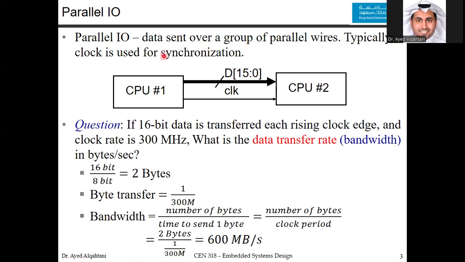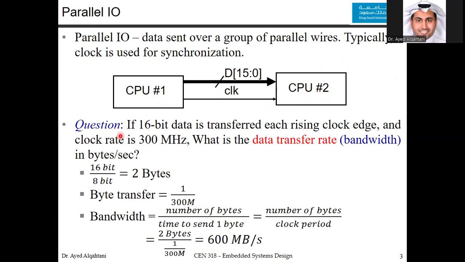Typically, a clock is used for synchronization. If we use a clock, then this will be a synchronous wave communication. As you see here, we have a clock generated by CPU1, and it is sent to CPU2 to organize the way of the communication.